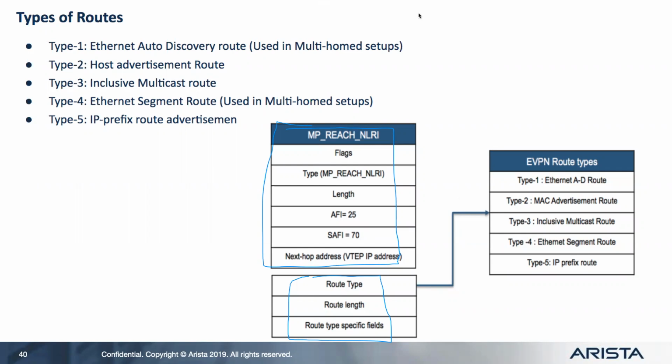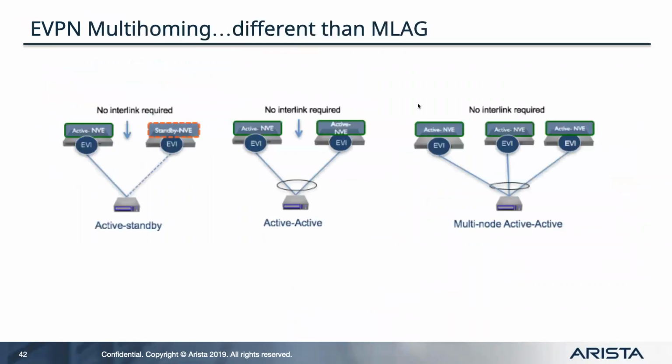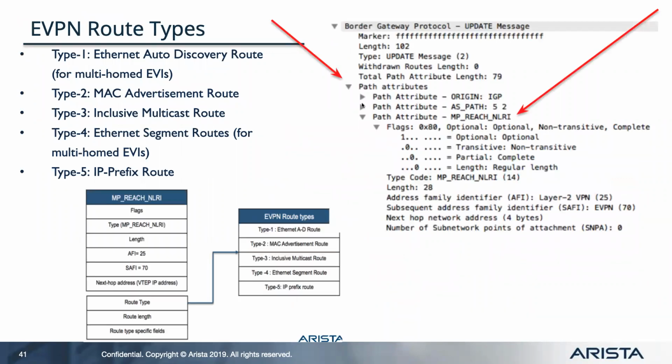Okay, so then let's move to the next slide. This is again the same as what I showed you in the packet capture. These are the different fields: path attribute, AS path, MP reachability NLRI, and then flags, and then MP reachability NLRI length, and then AFI, SAFI, and next hop address, the VTAP address.